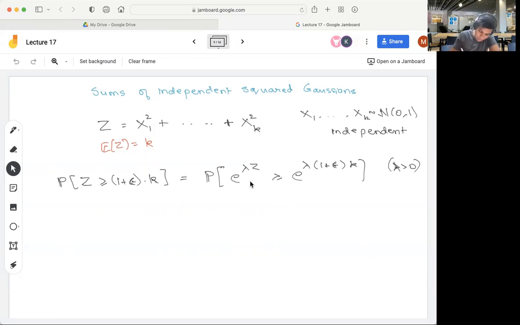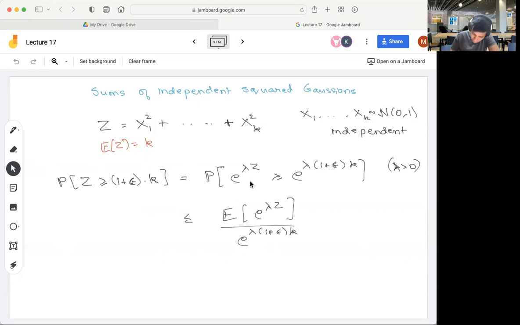And then apply Markov's inequality. So Markov's inequality tells us that this is less than or equal to expectation of e to the lambda Z divided by whatever appears on the right hand side, which is e to the lambda times 1 plus epsilon times k. And as in Chernoff-Hoeffding, if we can compute this expectation, we obtain the bound we want.